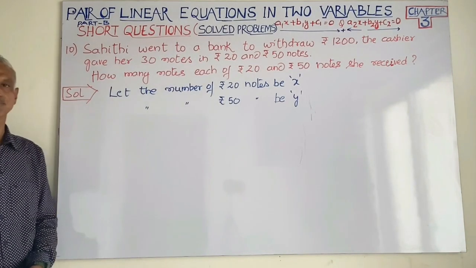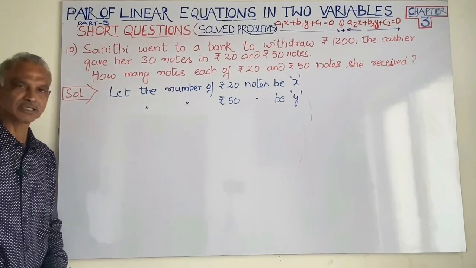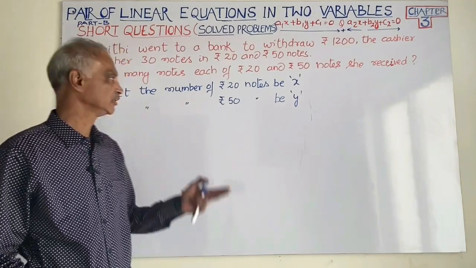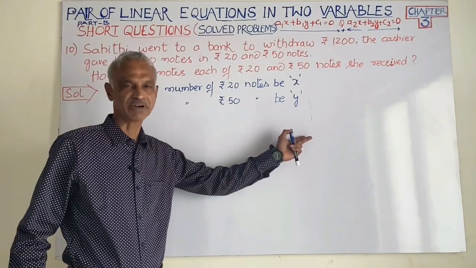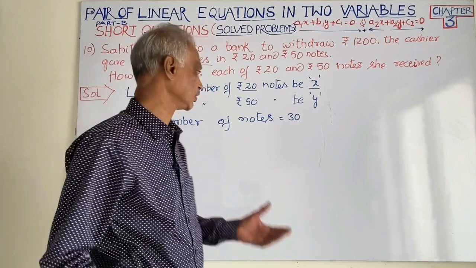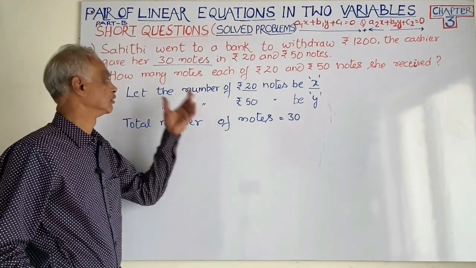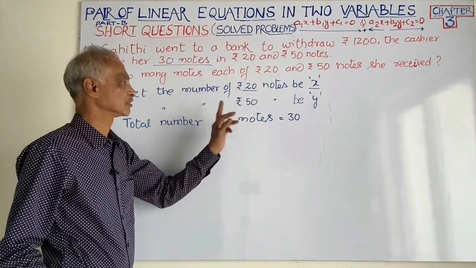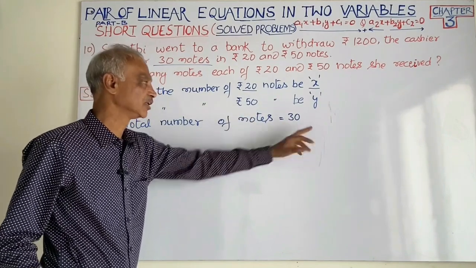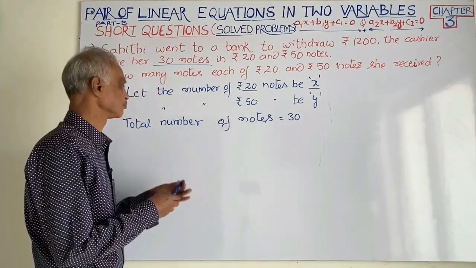See, let the number of 20 rupees notes be x and 50 rupees notes be y. Now, what is the total number of notes? Total number of notes is 30.